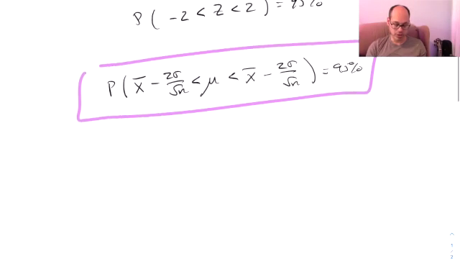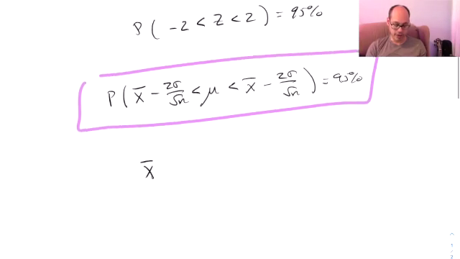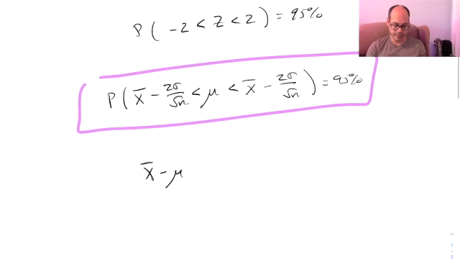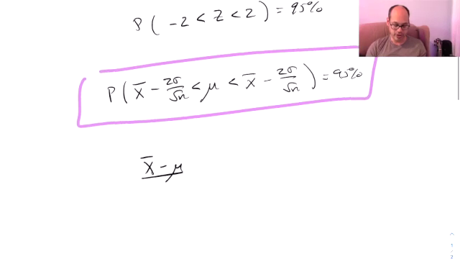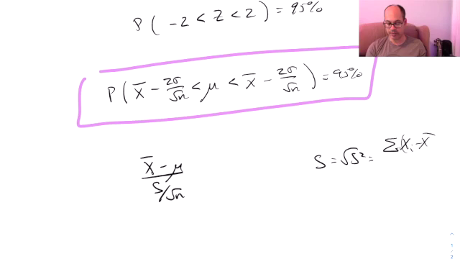So the question is, what if we just look at x bar minus mu over, instead of sigma over root n, how about s over root n? So s being the square root of s squared, the sample variance, this is just the sum of the xi's minus x bar, squared, over n minus 1. And this is supposed to be a reasonable estimate of the population variance, and so s is a reasonable estimate of the population standard deviation.